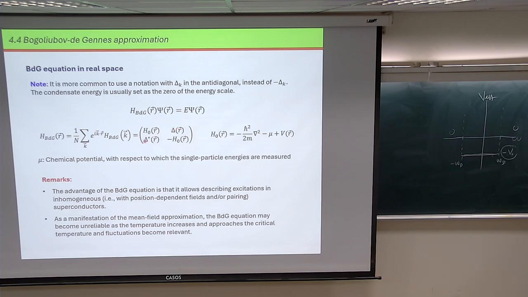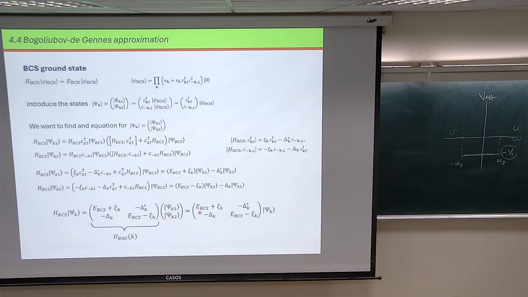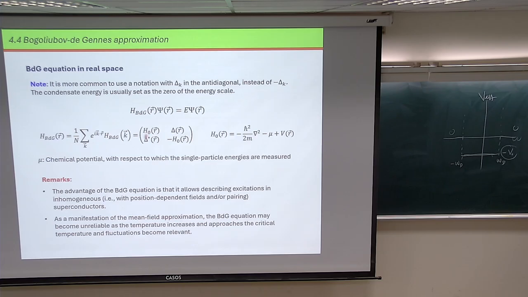You have the deltas on the corners, and then on the bottom of the diagonal you have minus this H naught, okay? This is just coming from here. So I'm putting, again, the energy of the condensate as the zero of the energy scale. So that's why you get this expression here. All right, so what is the advantage of this equation?